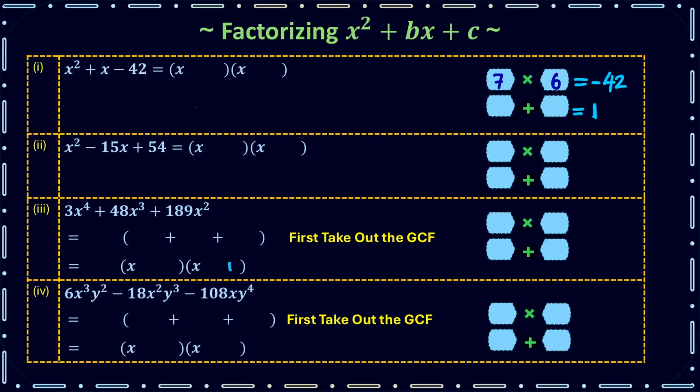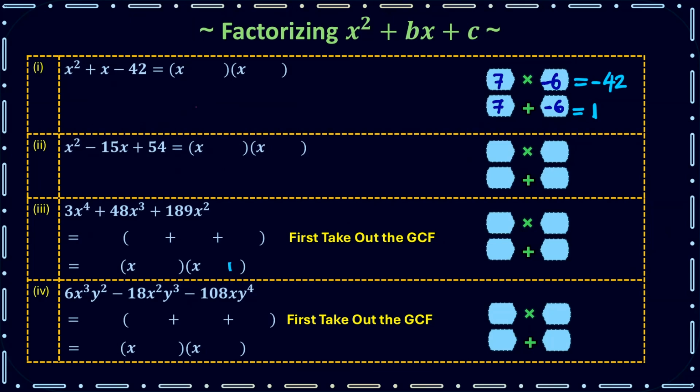And one of these numbers has to be negative because the multiplication is negative. But since we want the sum to be a positive 1, the smaller should be negative: negative 6 plus 7 is 1. And at the same time, 7 times negative 6 is negative 42.